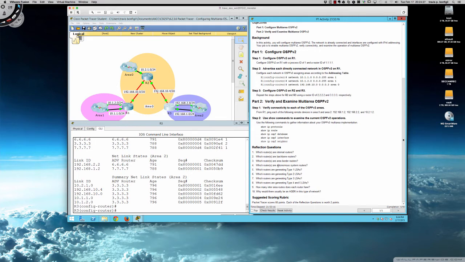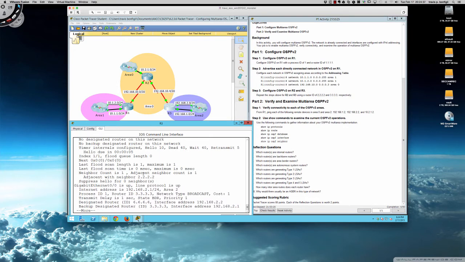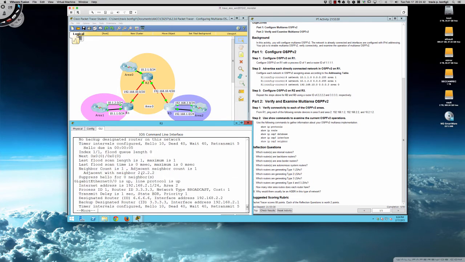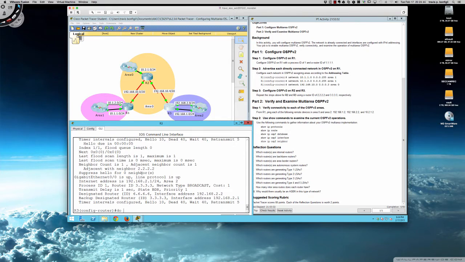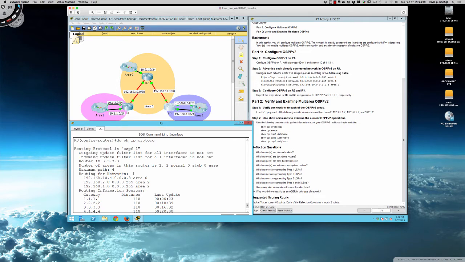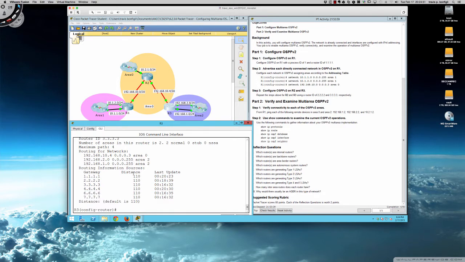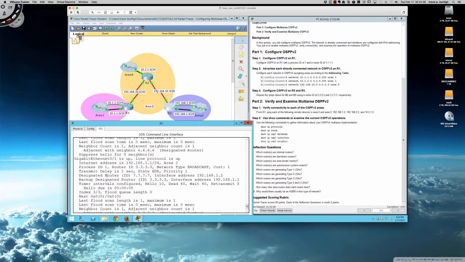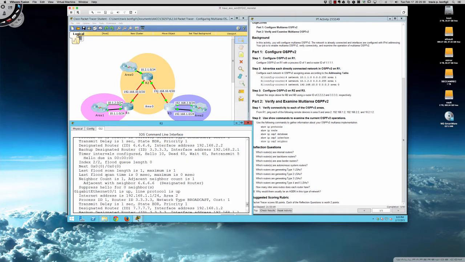So which routers are autonomous system routers? And the way that you can tell this is if I were to say show IP OSPF interface, it's actually going to tell me, or actually was it show IP protocols? No, I believe it was show interface. Let me double check on this. May not have gone down far enough. Where are we at here? Adjacent neighbor count.